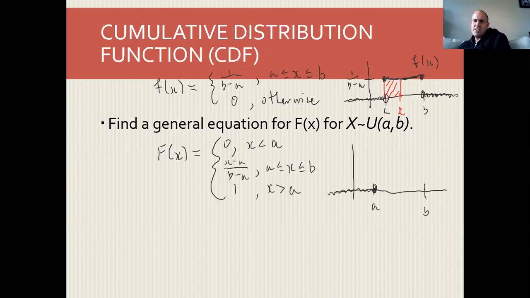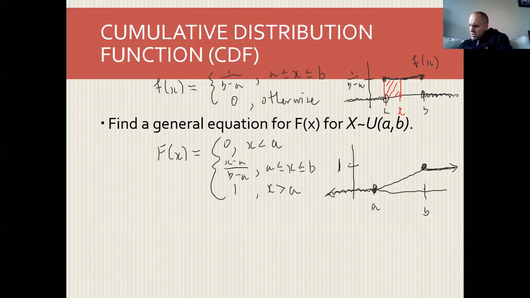And we talked about how the graph of that middle function in this piecewise definition is a line with slope 1 over b minus a. And how high up did this thing get? Well, it went up to 1, and it's a line, so it goes like this. And then after this, it's just equal to 1 from that point on. So it's equal to 0 before A, and equal to 1 after B. That's what the graph of the CDF looks like.